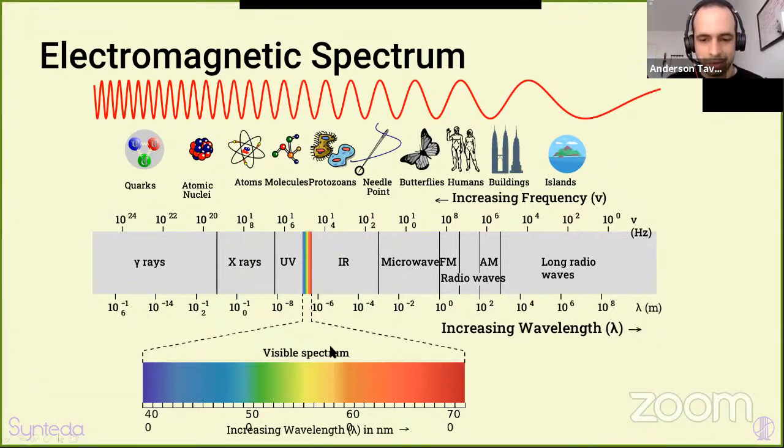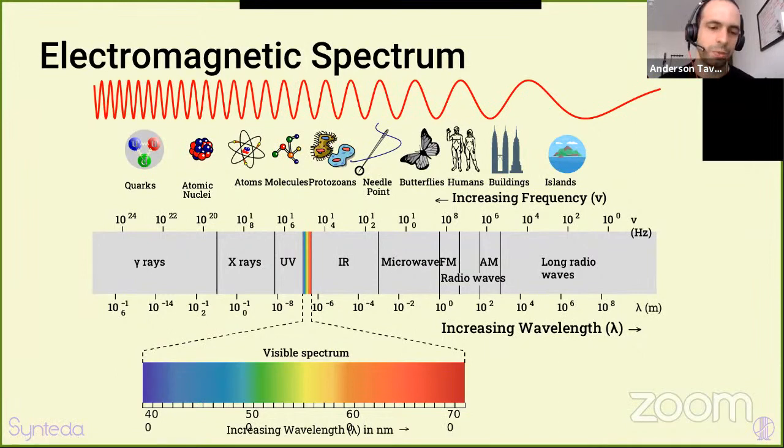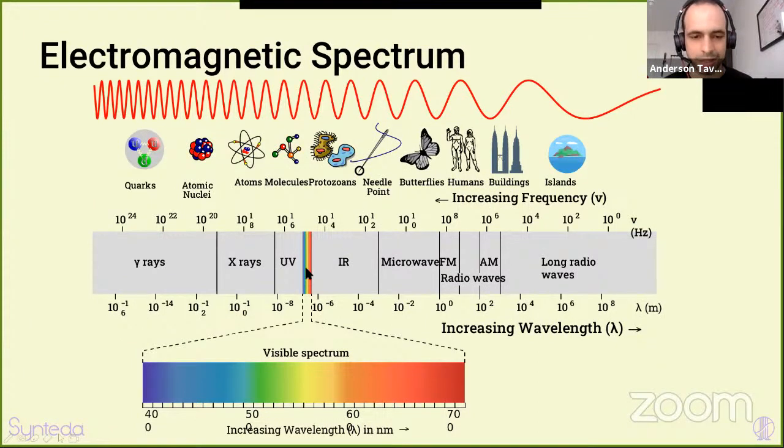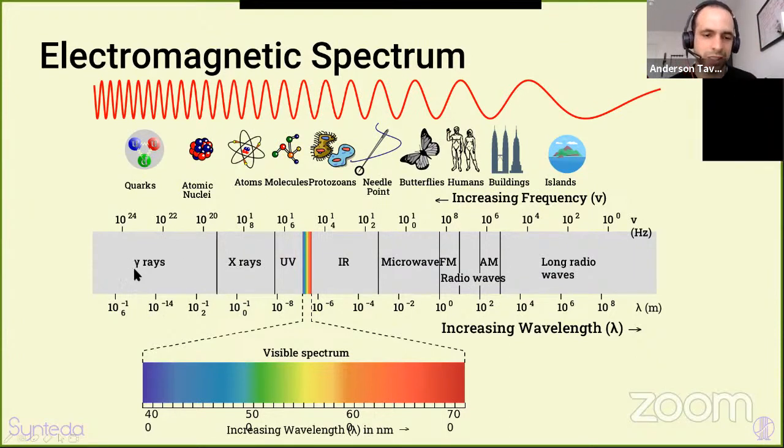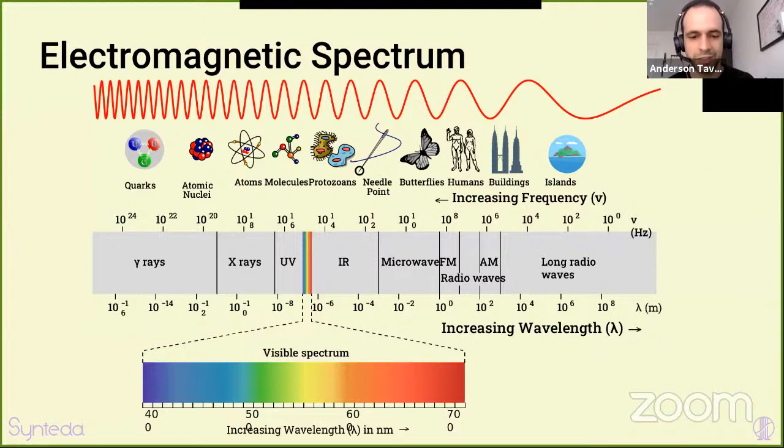For example, the electromagnetic wave that we interpret as red has a longer wavelength than the electromagnetic wave which we interpret as blue. Before the red part, we have infrared, and we also have ultraviolet, and with a larger frequency, we have X-rays and gamma rays. So the focus will be on this visible spectrum.